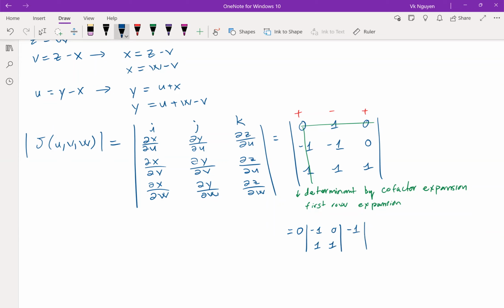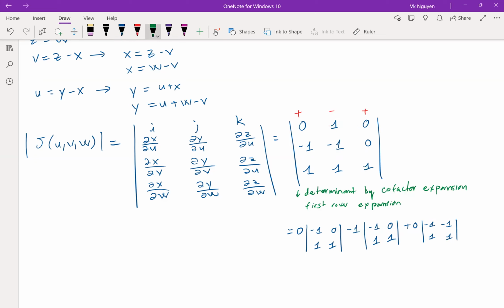Do the same thing. Cross this out. -1, 1, 0, 1. And then the last one is the +0. Cross this out, -1, 1, -1, 1.